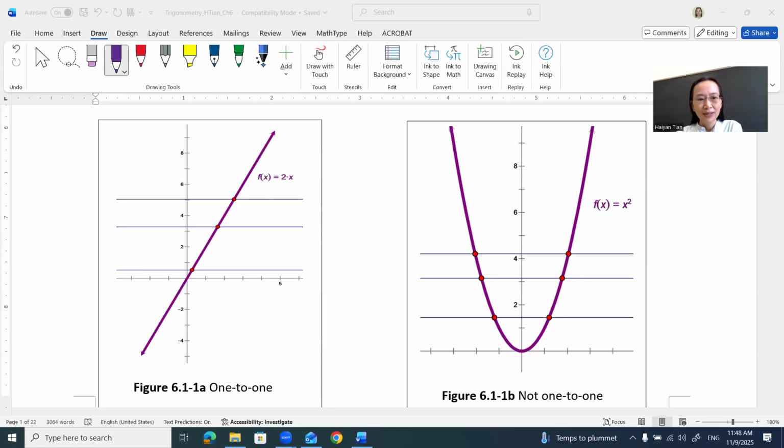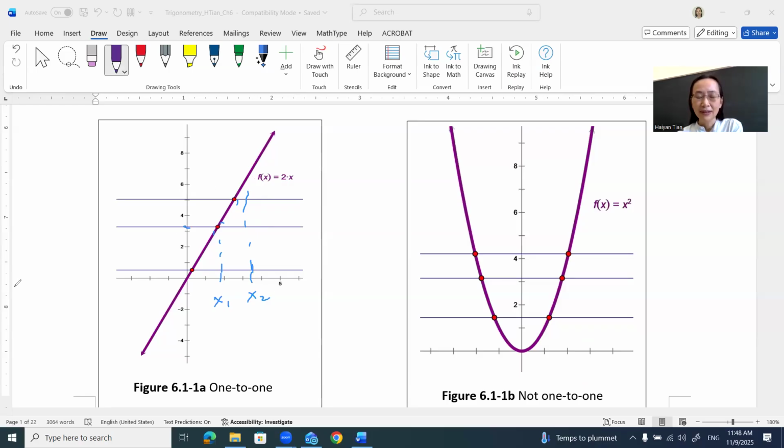Let's check using the definition. Whenever you have different x values, their function values will be different.